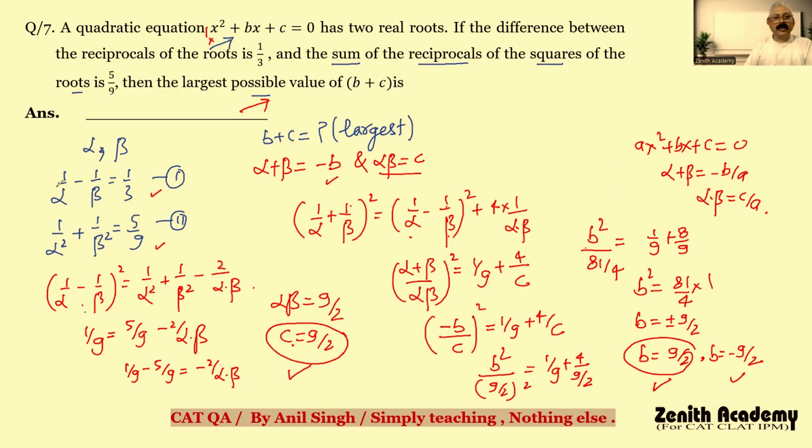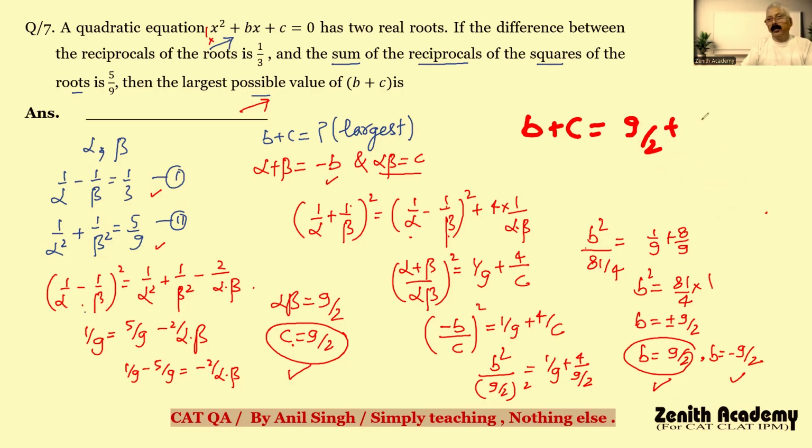So B plus C is equal to 9. This is our answer.